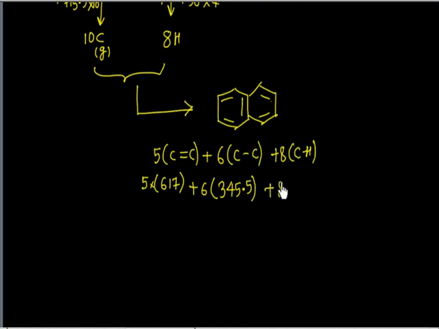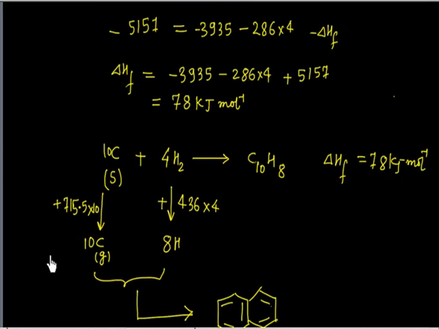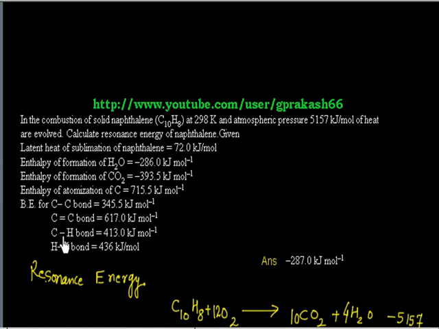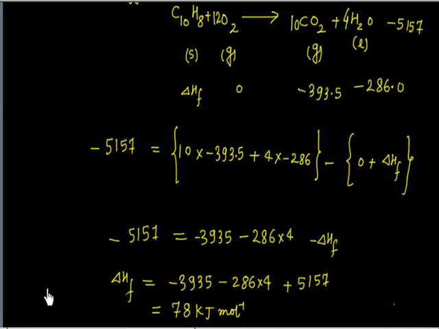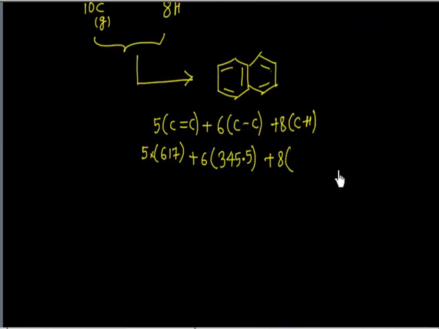Now the carbon-hydrogen bond energy is 413 kilojoule per mole. So this value is 413.